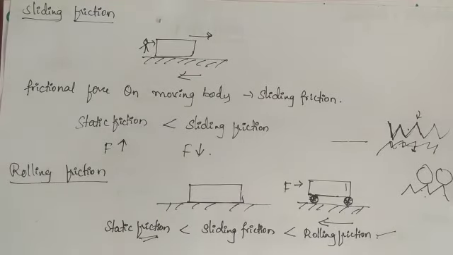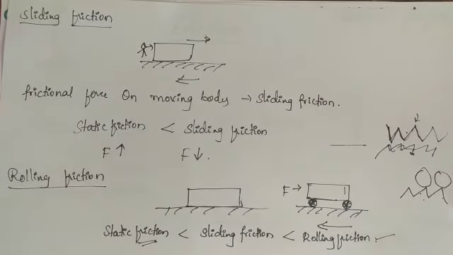That means we have to apply more force on that object. So that is why we replace static friction by sliding friction, and whenever the object is moving, you can change that sliding friction by wheels, which reduces the friction.